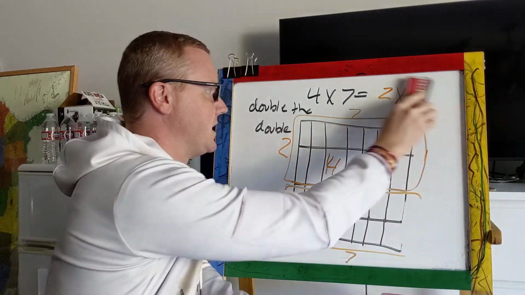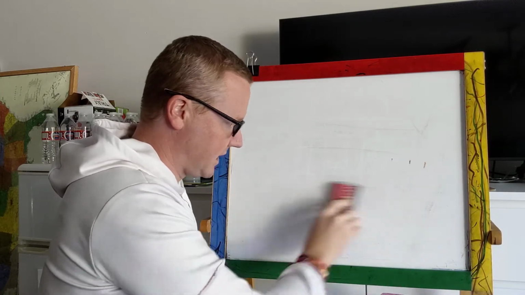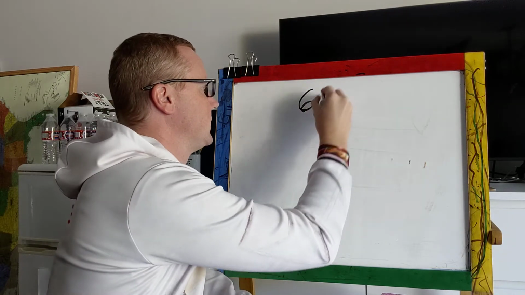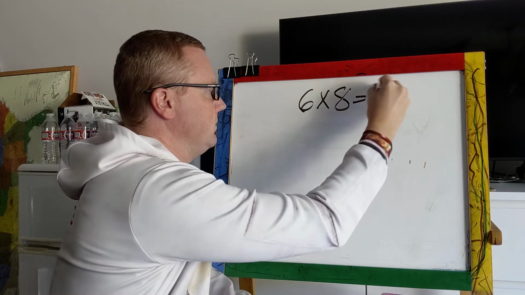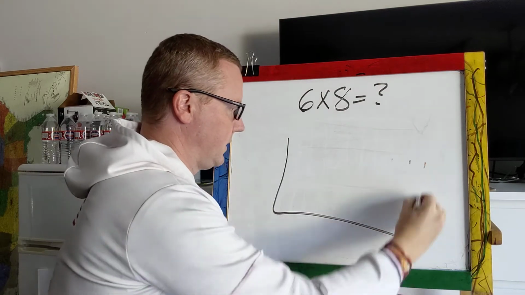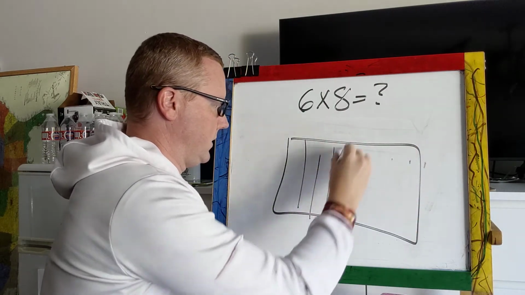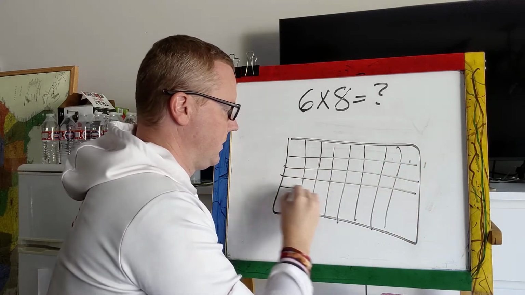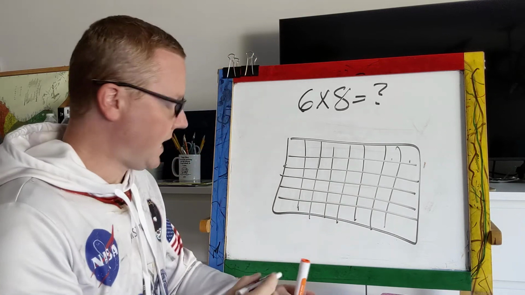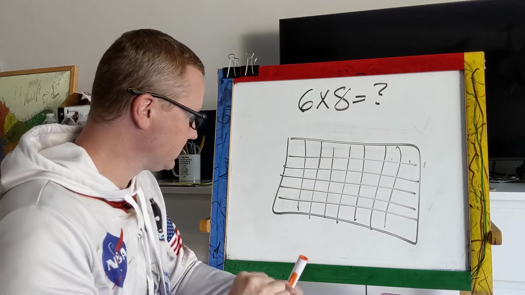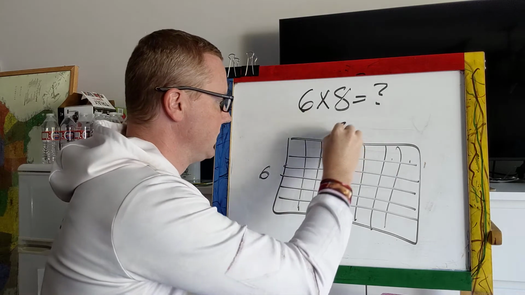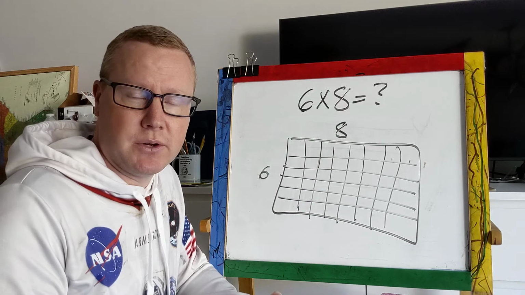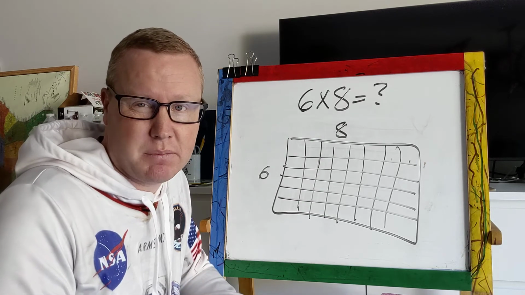I want to show you the next number that I think can be tricky sometimes. I'm going to draw it out really quick here. 6 times 8. All right, that is our group of 6 times 8. So I have a 6 and an 8. Mr. B is not great with 6 times 8, but what I can do is half, I call it half plus 1.